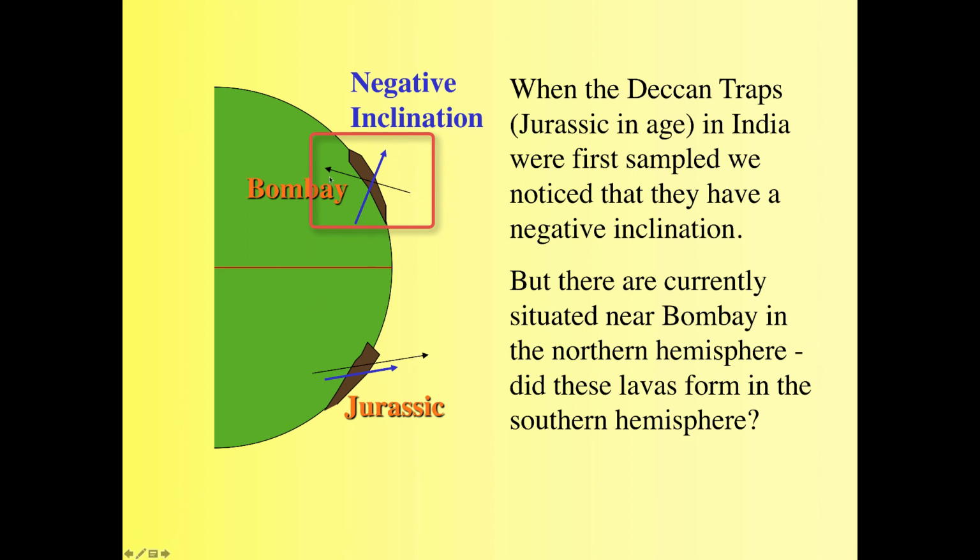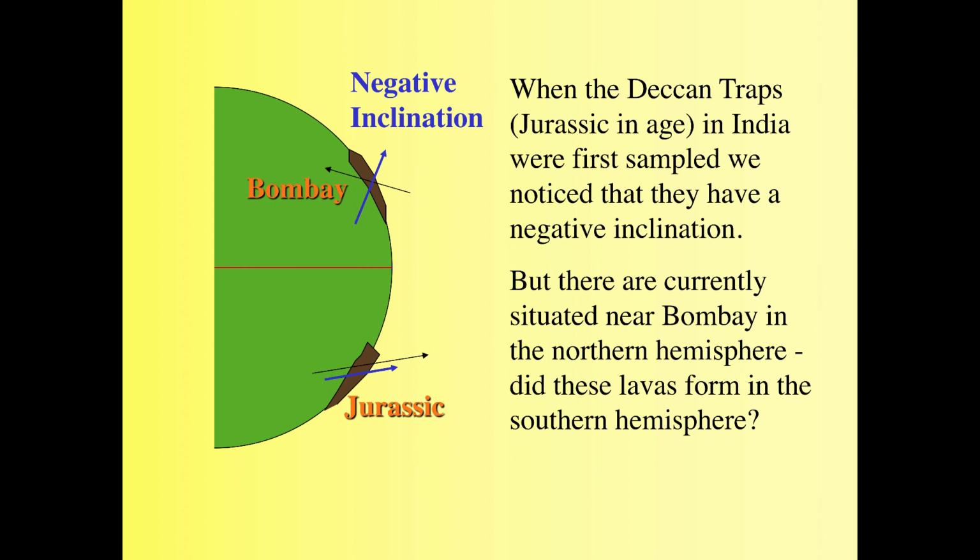But quite clearly, at the latitude of Bombay, it should have had a positive inclination. So, kind of puzzling. How can we have the magnetization of the rocks be so different from the direction of the Earth's magnetic field? Now, one possibility is the Earth's magnetic field has varied.